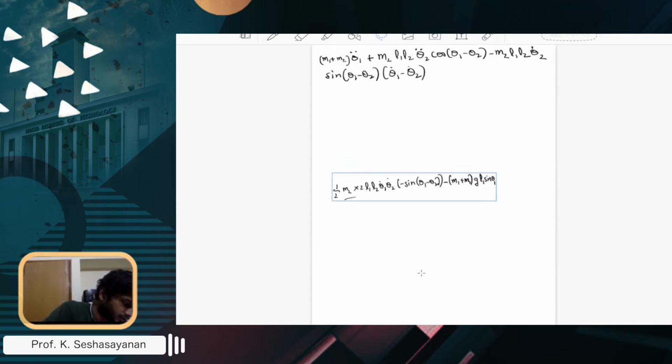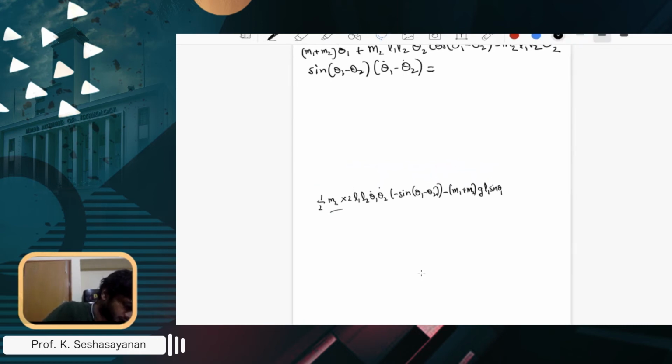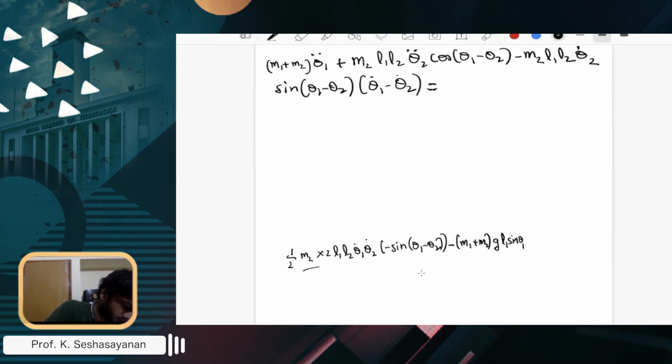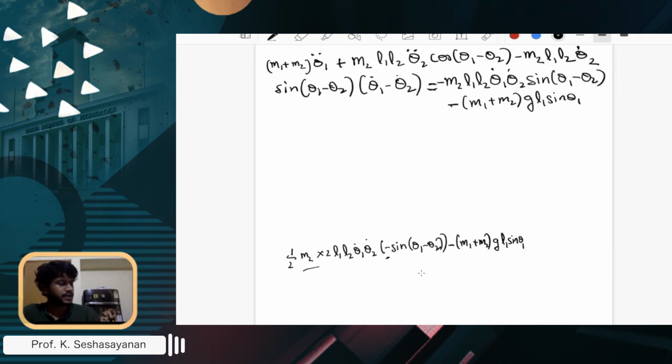So this should be equal to m2 L1 L2 theta 1 dot, there's a minus here, plus a minus here, theta 1 dot theta 2 dot sine of theta 1 minus theta 2 minus m1 plus m2 times g L1 sine theta 1. So this is your first equation.